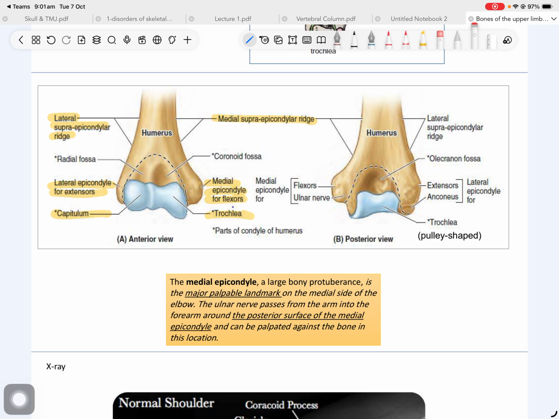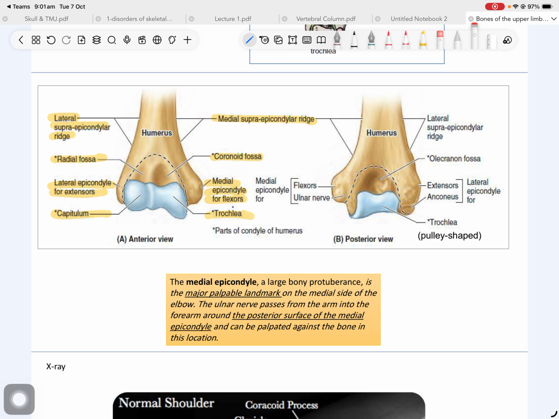When I do flexion at the elbow joint, the process will come inside this fossa, so we call it the coronoid fossa. On the top of the capitulum here, I have another fossa, I call it the radial fossa, because the head of the radius, when I do flexion at the elbow joint, will come to the radial fossa.